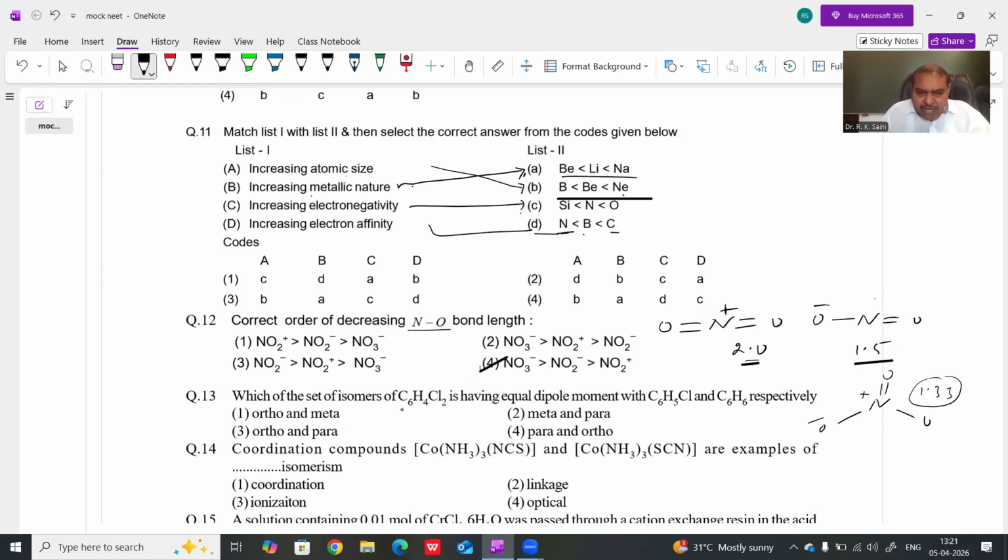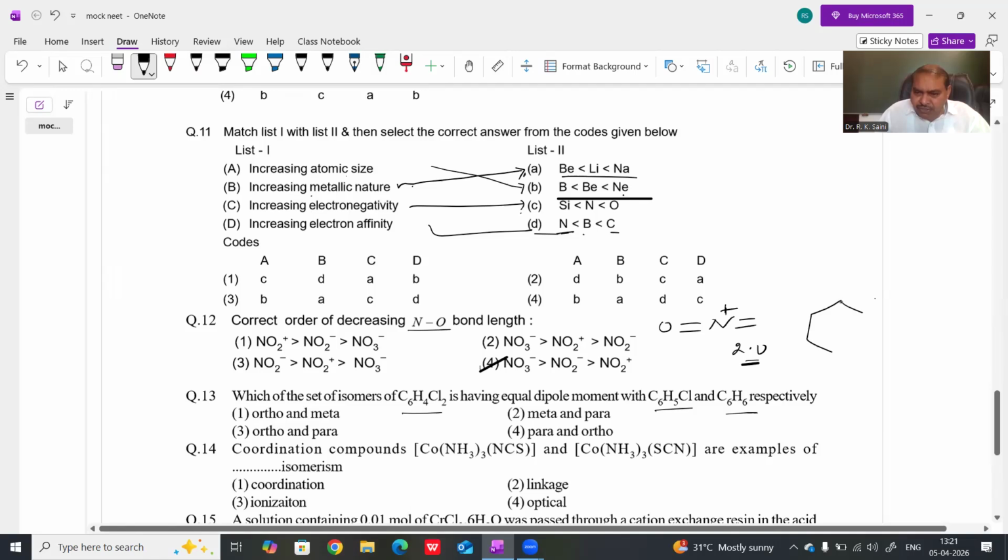Question 13. Which set of isomers of dichlorobenzene has dipole moment equal to that of chlorobenzene and benzene? First, in chlorobenzene one polar bond is there.